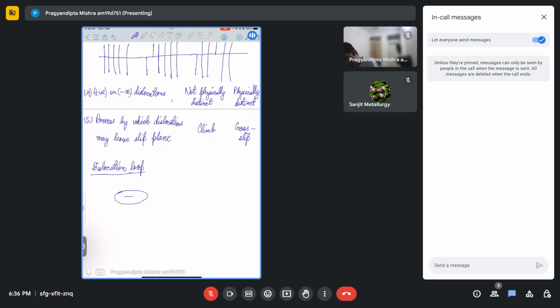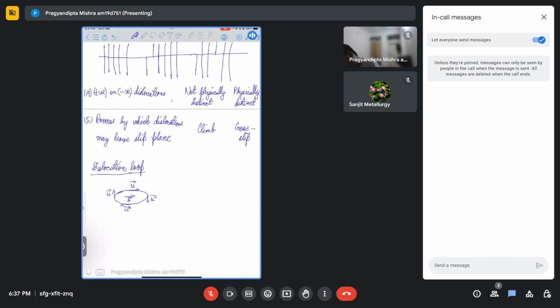Say this is my Burgers vector. Now at this point, the dislocation line is in this direction, right? At this point, it is in this direction. At this point, it is in this direction. At this point, it is in this direction.